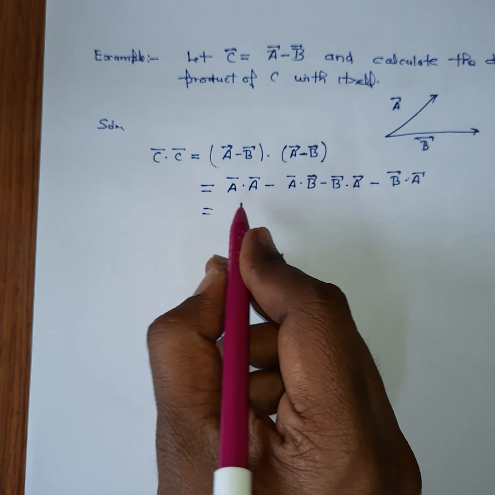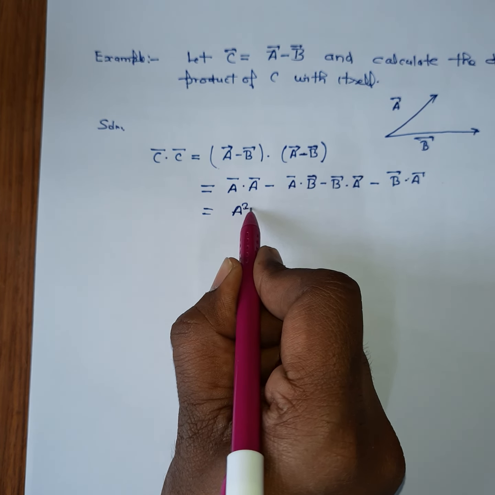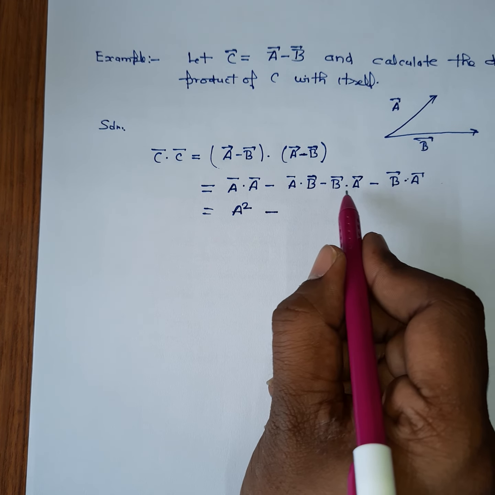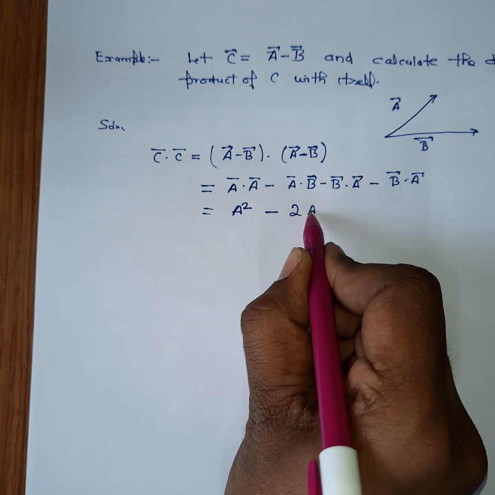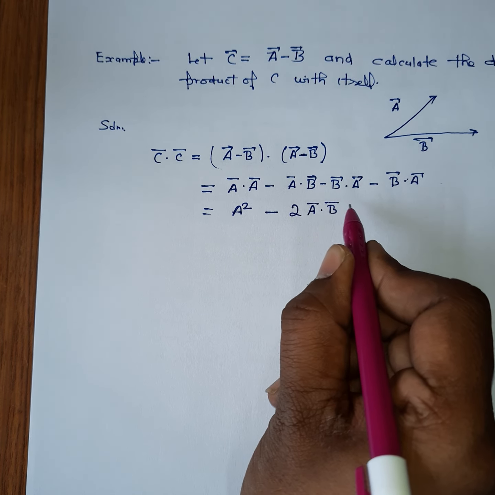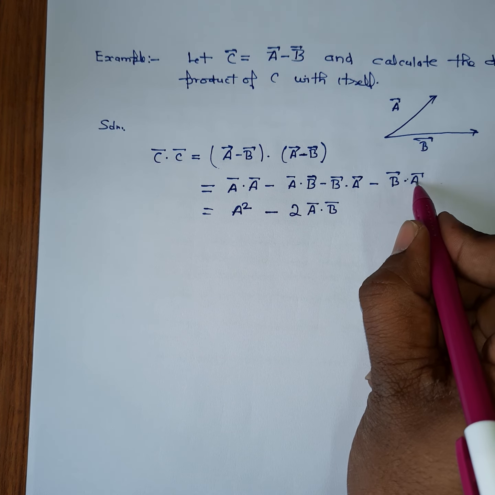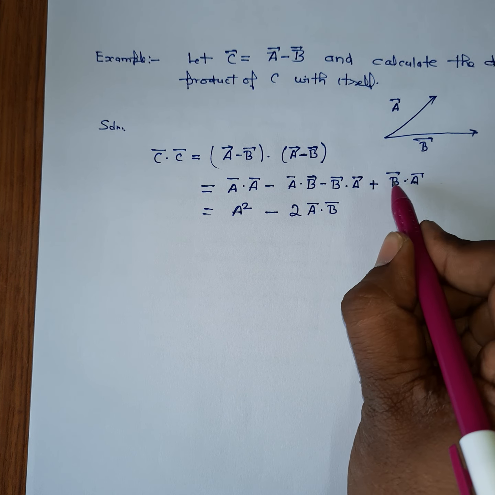You have just seen that A vector dot A vector can be written as A square. Similarly, minus A dot B will be equal to minus B dot A, and B dot B will be positive.